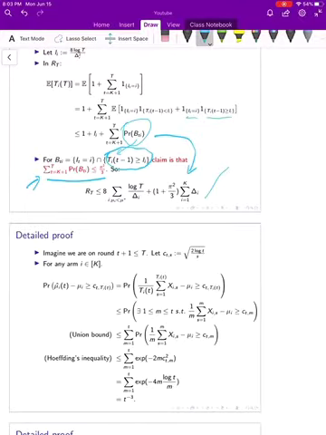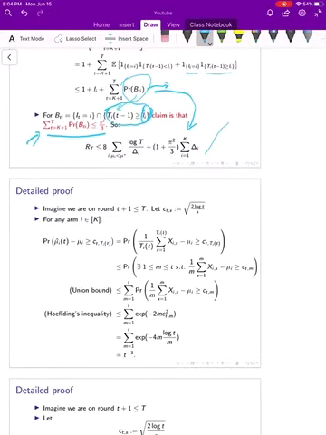So that means Hoeffding's inequality, which is a concentration inequality, must help us to say that this probability dies down faster as Li increases.